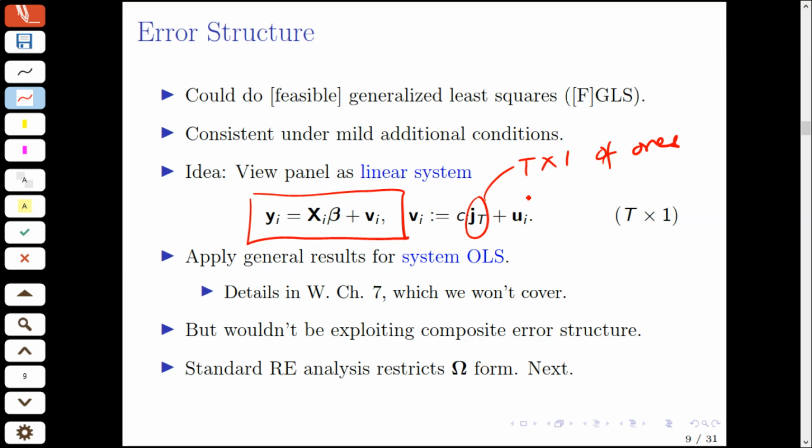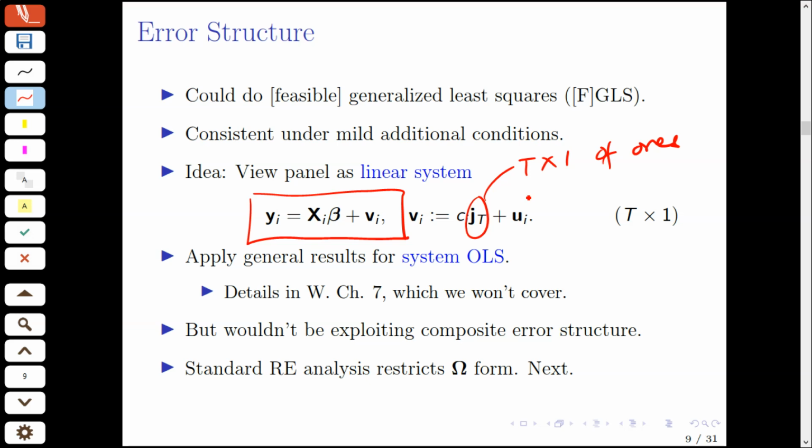Now, given this linear system, we could go ahead and apply general results for OLS, which would result in an estimator known as system OLS. The details for the properties of such an estimator are given in Wooldridge's chapter 7, which we won't cover explicitly since it won't be needed for our purposes.